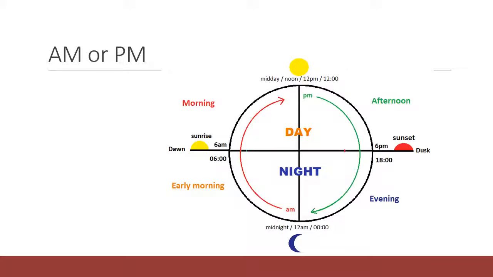AM or PM, morning, afternoon, or night. So check this clock that tells us how we change from AM to PM.